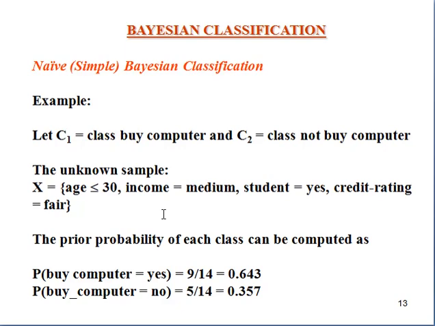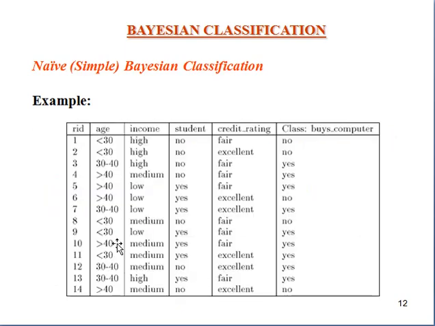And you know that the probability that the individual will buy a computer, which is basically the probability of class C1, that it will be equal to yes, will be 9 by 14, right? So this 14 is basically the total number of samples, the total number of rows which we have here.